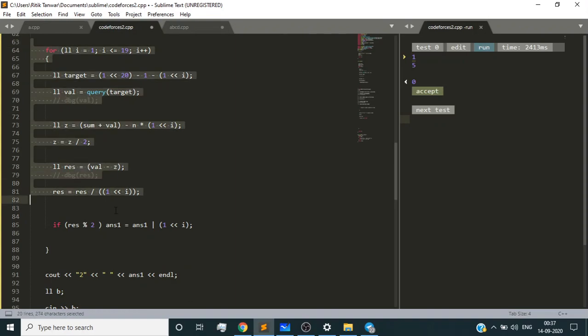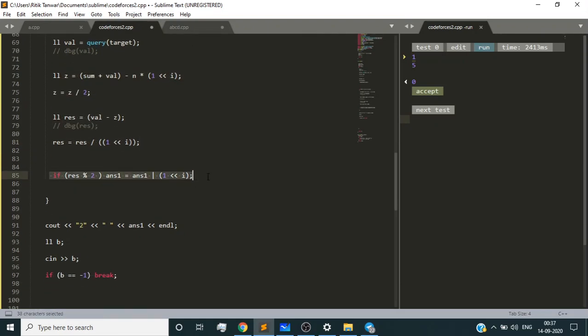Then I'm doing all the 19 queries, and this is my target: for the ith query I'm making the ith bit 0 and all the remaining bits 1, and then I'm getting the answer. Then I'm following all the procedure and equations I discussed earlier, and from this I'm updating my result and printing it. If you want to check out the code, I'll put it in the description.